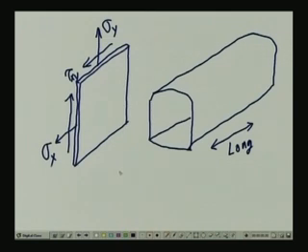So, here what is happening really is in the long direction you do not develop any strain, or you can actually neglect the strain in the long direction. So, what you end up with are these components. So, you have got any strain component, if you call this long dimension as z direction. So, then in this problem you can neglect all those strains which has got a z in it.